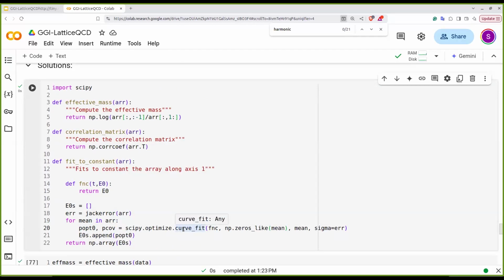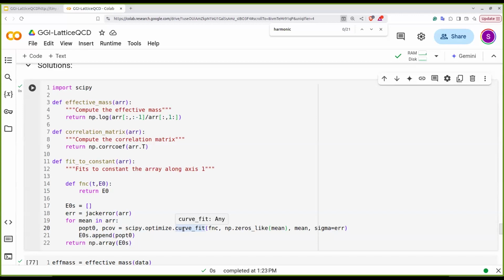I don't know how many of you are familiar with fitting, but usually if you want an error on the fit result, you need to pass the errors, and then the fitting routine gives you the optimized parameters plus the covariance matrix of the optimized parameters. That carries the proper error as long as you give the covariance matrix of the data. Otherwise, if you do an uncorrelated fit like here, that error may be underestimated.